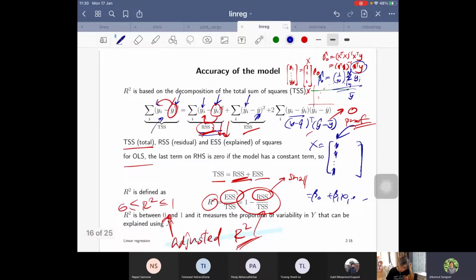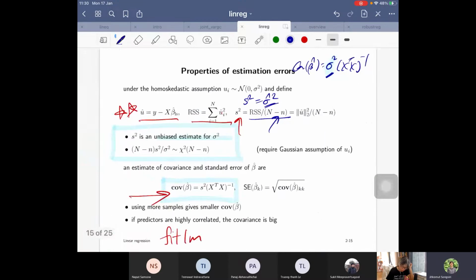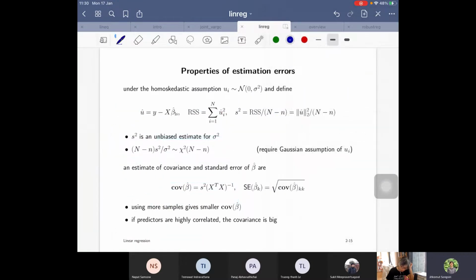Okay, of course, I will come back here, right? We mostly apply this expression to approximate the covariance of beta hat. Of course, if beta hat is a vector in R^n, the covariance is a matrix of n by n, all right?